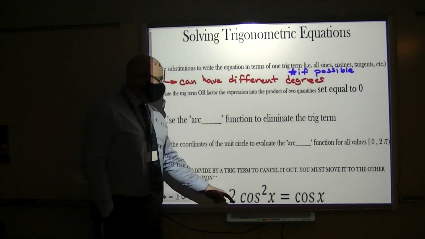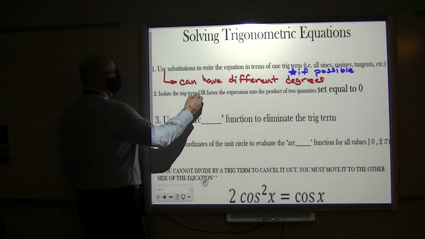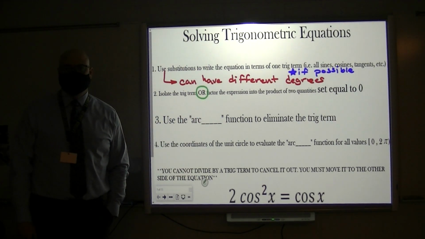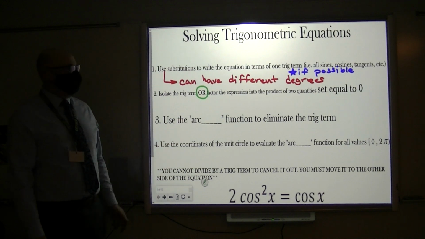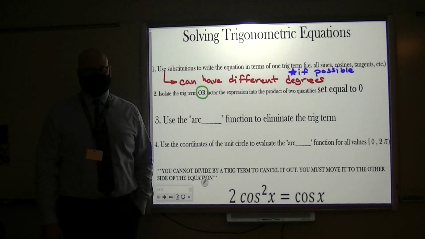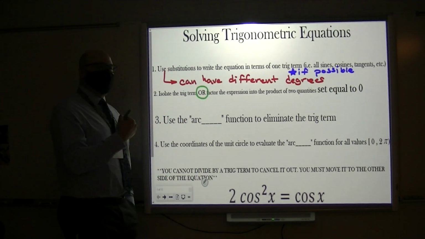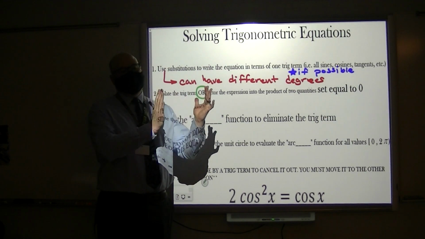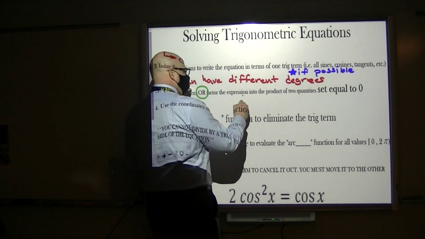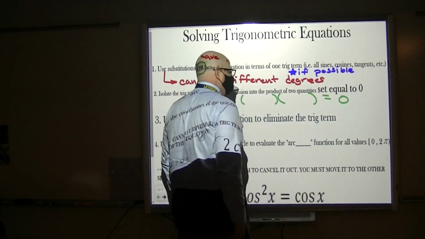Now, step 2 comes in 2 parts, because what you want to do is isolate the trig term. But if you can't do that, the alternative method is to factor the expression into the product of 2 quantities and set it equal to 0. So in other words, if you can't get an equation to say sine of x equals blah, blah, blah, then you may have to factor and have that product equal to 0.